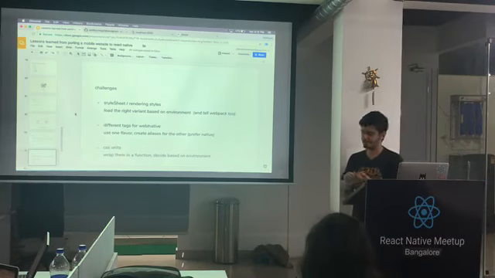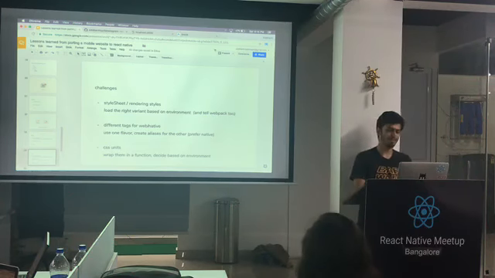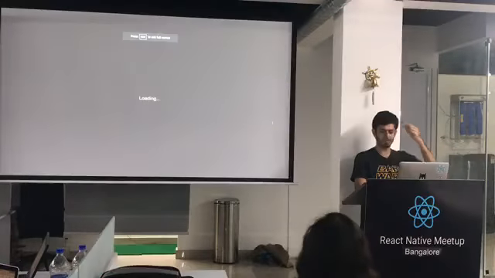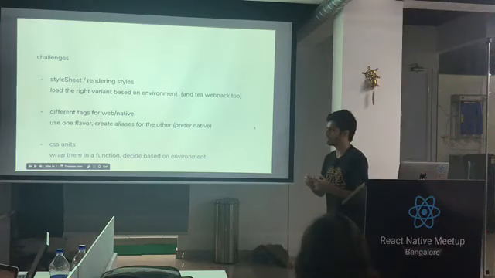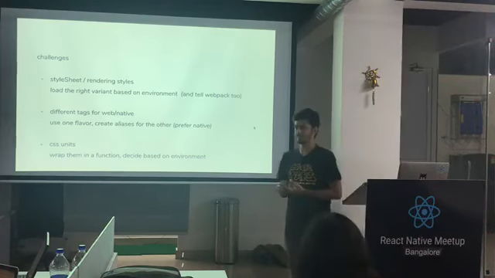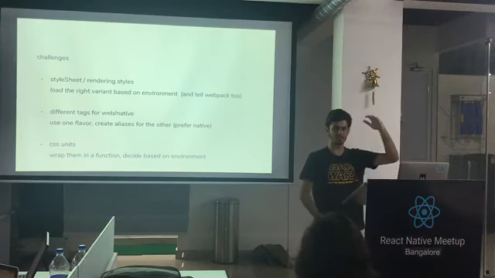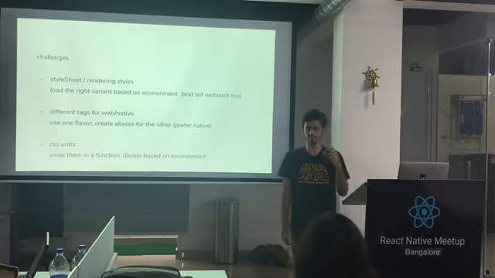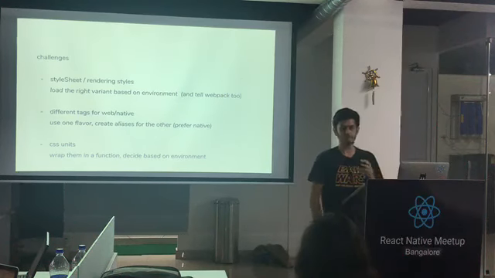One interesting thing there is when you're doing different tags for web and native, try preferring native. I came around to this one after feeling so badly, and it's pretty obvious advice when you think back on it: pick the one which has a bigger set of components. React Native has a bigger, more diverse component list, whereas the HTML tags are limited.